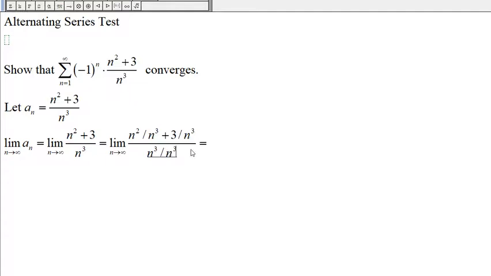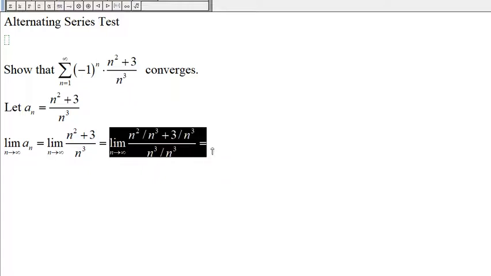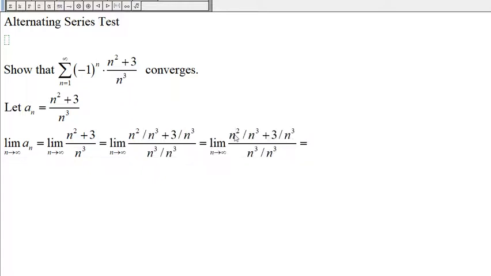So divide everything on the top by n to the third, divide everything on the bottom by n to the third. N to the second divided by n to the third is 1 over n, and then n to the third divided by n to the third is 1.